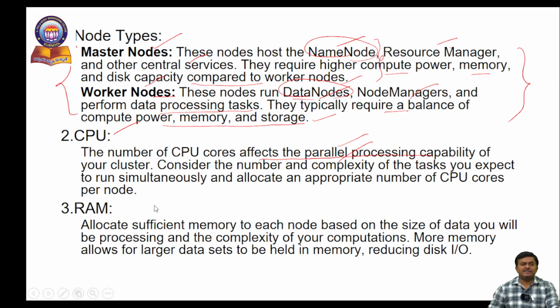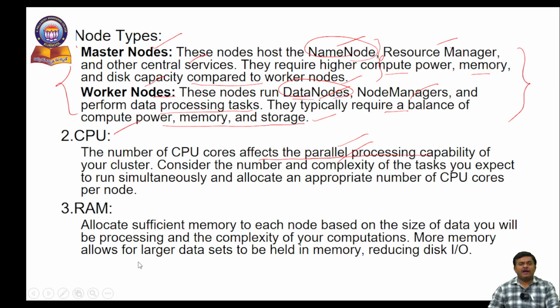The other one is RAM. Allocate sufficient memory to each node based on the size of data you will be processing and the complexity of your computation. So depending on the number of nodes, the data size and also the complexity of your computations, you need to allocate sufficient memory to the system.